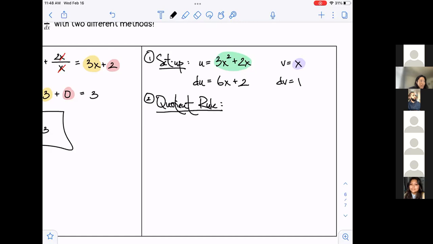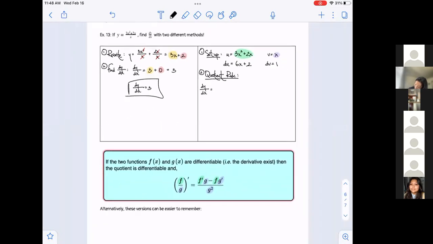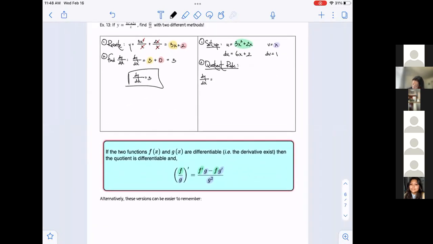So if I were trying to find my dy dx, right, let's match up with this rule here. In the rule, they had f prime first. So what should be the first thing in my numerator up here? du. Good. So we're going to have du times v, just the denominator. Okay.